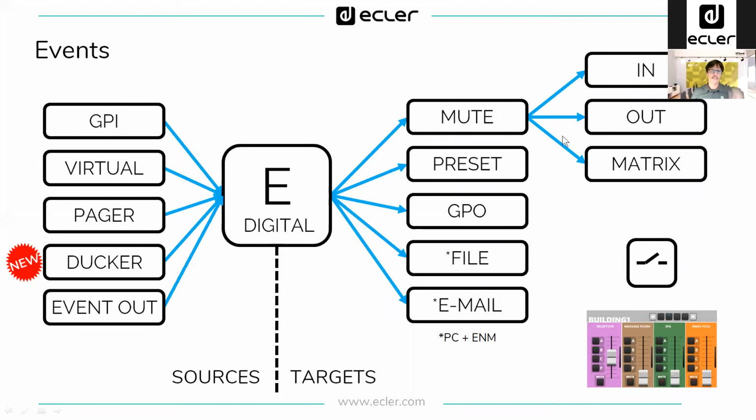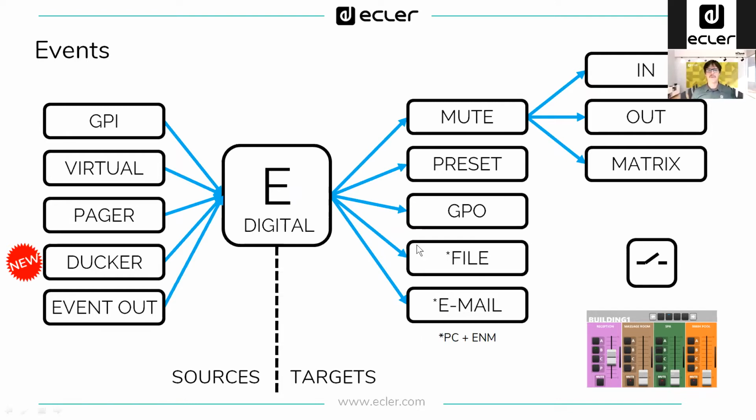We will see later which are these actions. And also another source can be an event house. So you can concatenate events. Event number 1 can be the trigger of event number 2. So you can concatenate several events with this option.